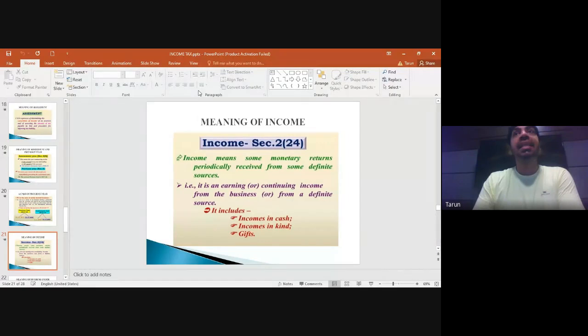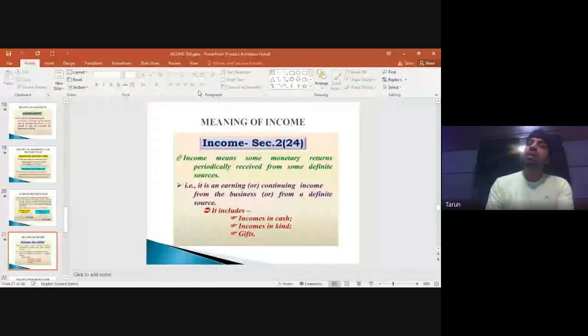If we talk in normal accounting terms, it is a good profit. 2 crores profit has been earned by that seller. But under the Income Tax Act it is actually capital gain, because he earned a profit from the land that he has sold. So any income earned from capital gain is also a part of income.